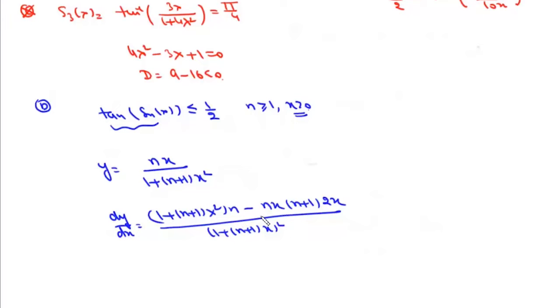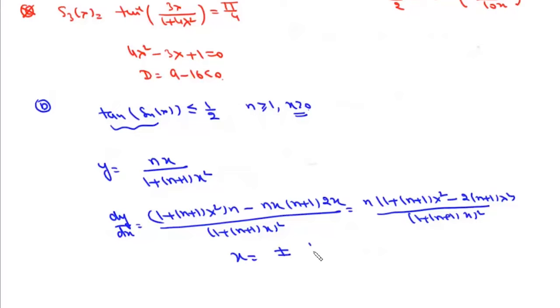Now here we'll take this n common, then we can write 1 plus (n plus 1)x square, and here will be minus 2(n plus 1)x square, upon [1 plus (n plus 1)x square] whole square. Now we solve this, we'll get two critical points, plus or minus 1 upon under root of (n plus 1).